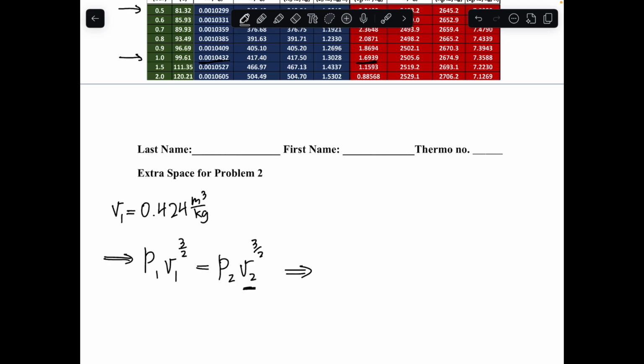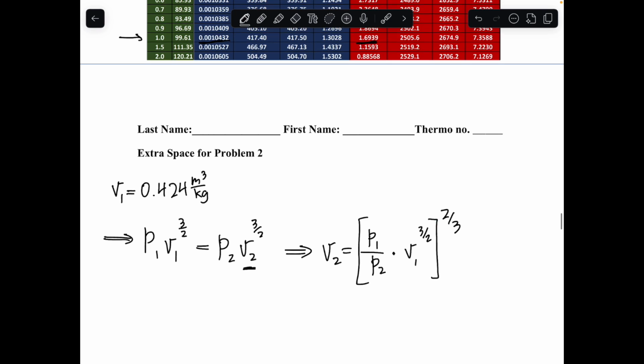So if we rearrange this, we're going to say V2 is equal to, we bring P2 over to the other side, so P1 over P2 times V1 to the 3/2, and then all of this we are going to raise to the 2/3. So I'm moving the P2 over to the other side, and then to undo this 3/2, we raise everything to the inverse, to the 2/3.